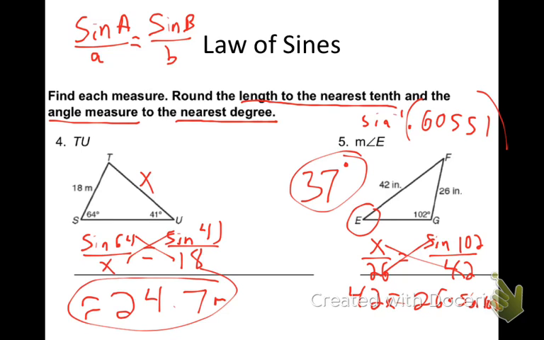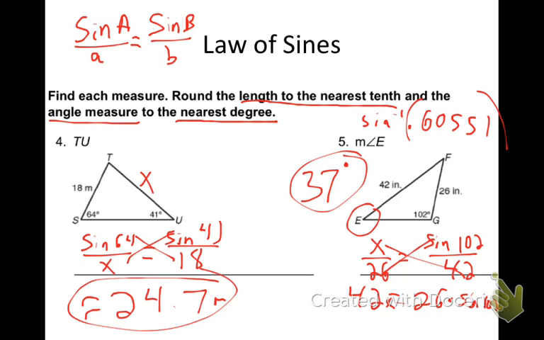Now remember, we talked about this a couple of chapters ago. In relationship to triangles, the shorter angle is always opposite the shorter side. The bigger angle is opposite the bigger side. So would it make sense if I had an angle that was bigger than 102? No. We realized right away it should be smaller.